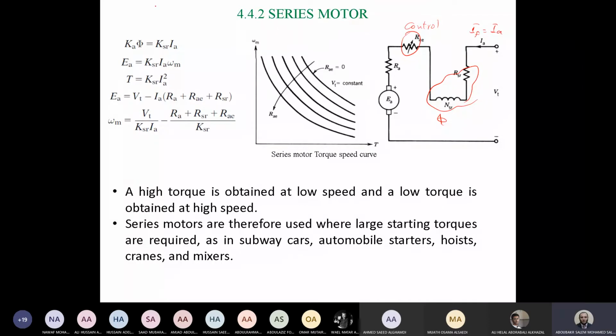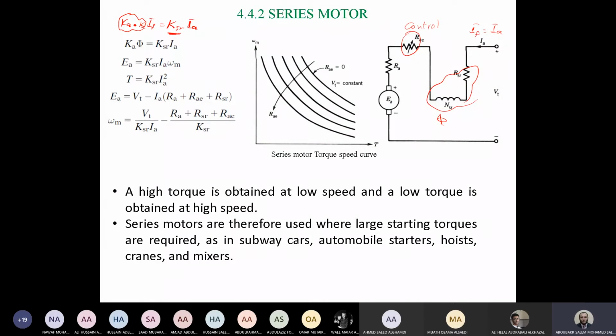This means, guys, the value of Ka phi can be represented as Ka multiplied by another constant multiplied by IF. And since IF equals IA, we can combine these two constants to be K series multiplied by IF, which is the same as the armature current. So we have a new constant, called K series.